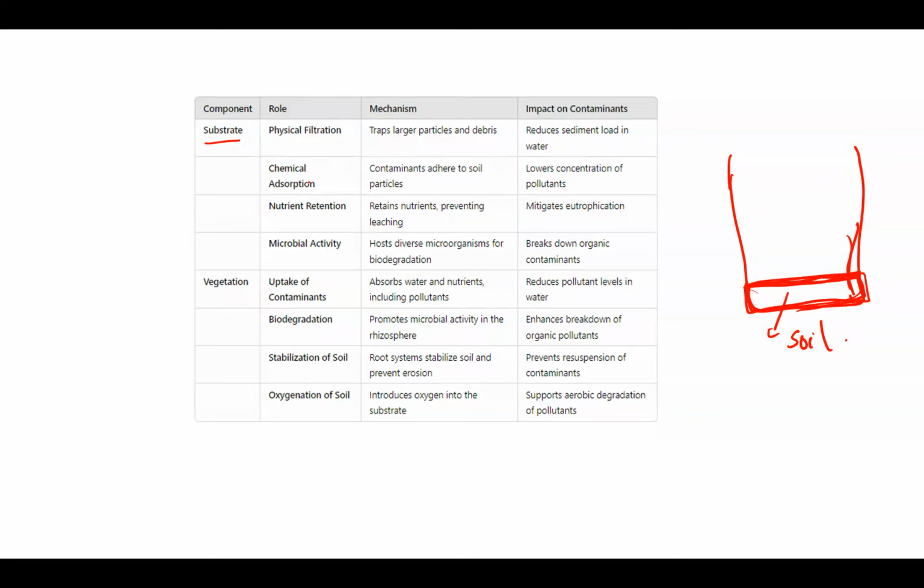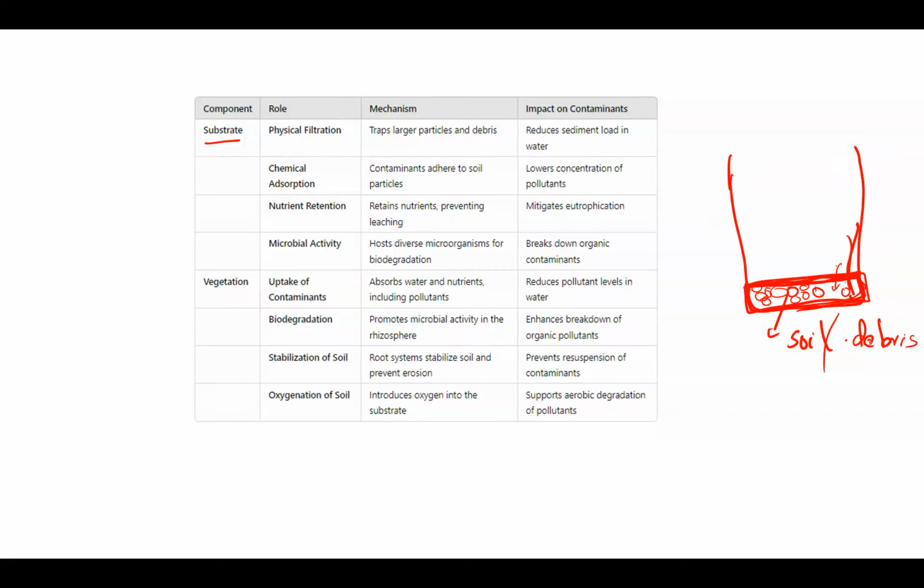Yes, here also the microbes in the constructed wetland, we are providing debris or soil or whatever as a bed. That is called the substrate, the soil or debris we provide at the bottom of the ecosystem. That can be biotic or abiotic also.